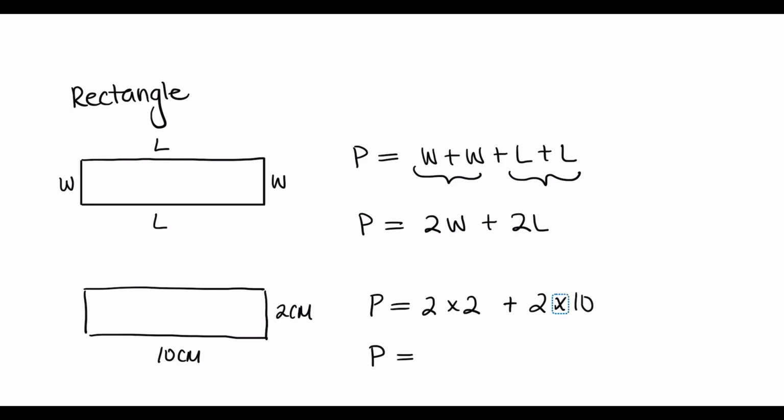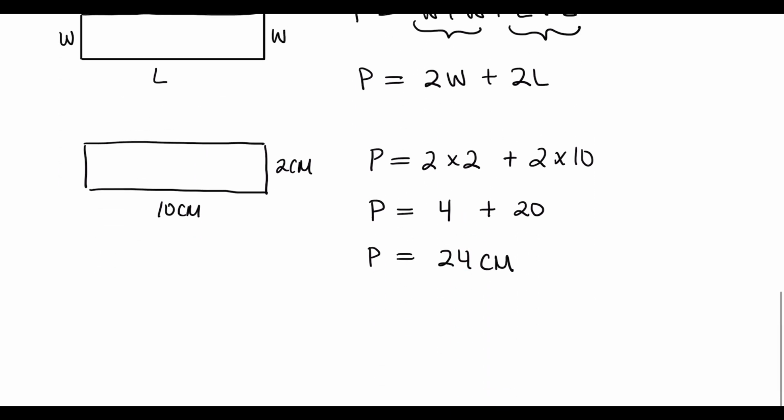So we know 2 times 2 is 4, plus we know 2 times 10 is 20. So the perimeter is 4 plus 20, which is 24 centimeters. Again, keeping the units the same as the units we were given for each length and width.